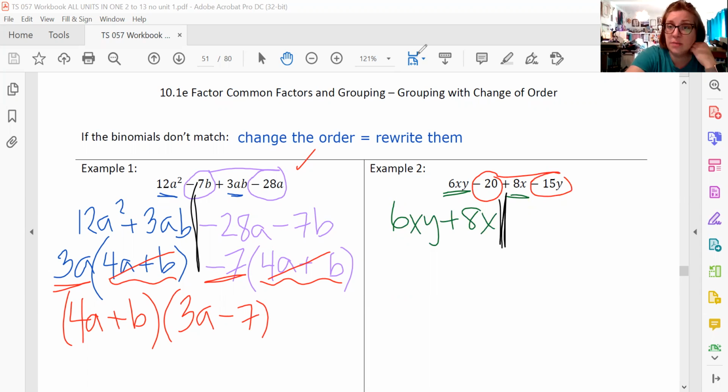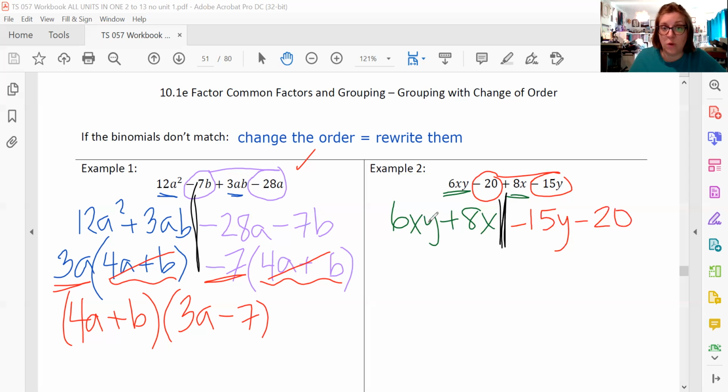So 6 is smaller than 8, so that means that I want to put my smaller number in front on my second set of binomials. Again, so then when I get something at the end, it looks the same in both of my groups. So I'm going to put the smaller number of that group first, and then I'm going to keep going.